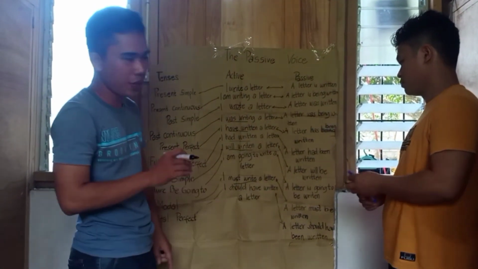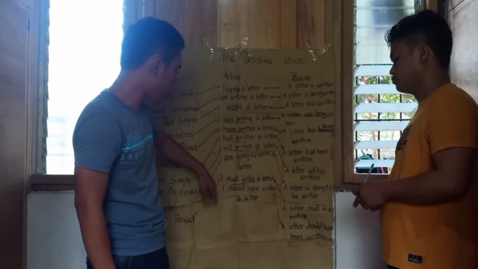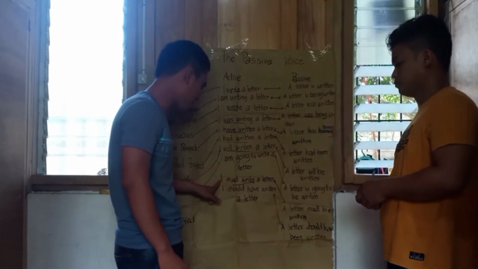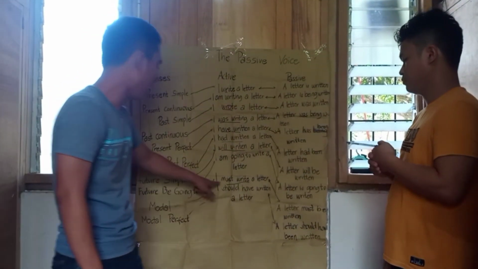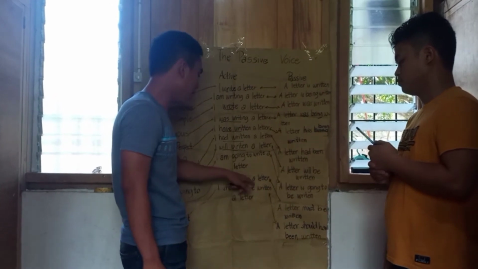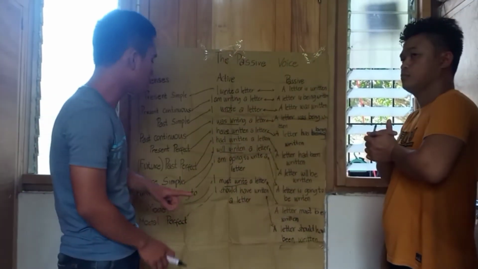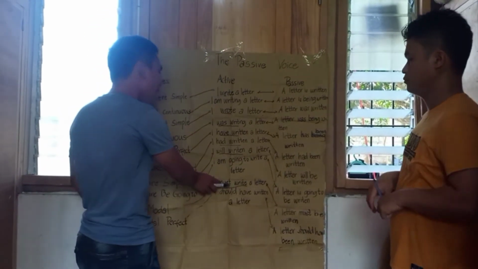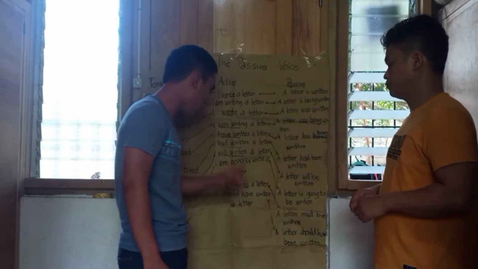Then we apply it in the active voice: "I" is our subject, "must write" is our modal and action, and "letter" is our object. We conclude that this is the active voice, and the tense is the modal because of "must write."